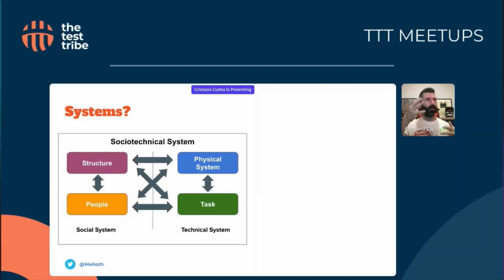So all of these parts interact and make your whole system. You have your organization, you have your people, you have your physical system with all of your infrastructure, all of the hardware that you have there, and you have tasks. So tasks here are things that people are doing to interact with the system. And all of this is your socio-technical system.